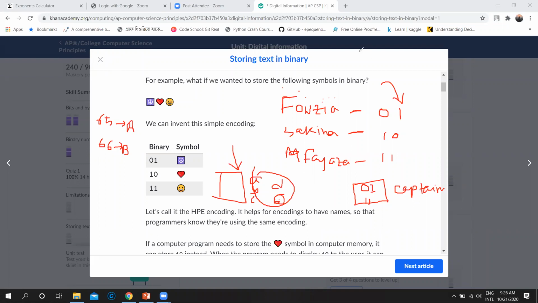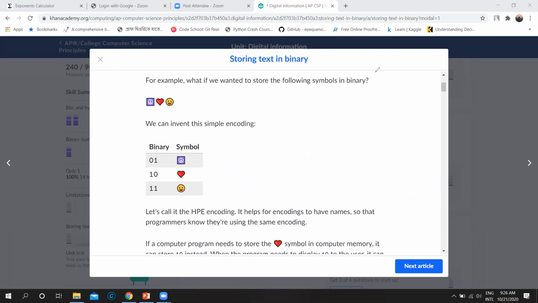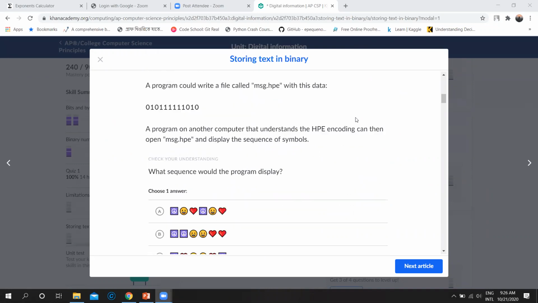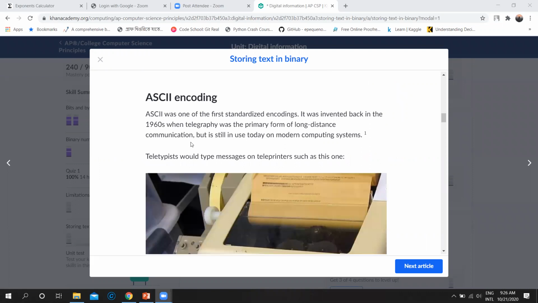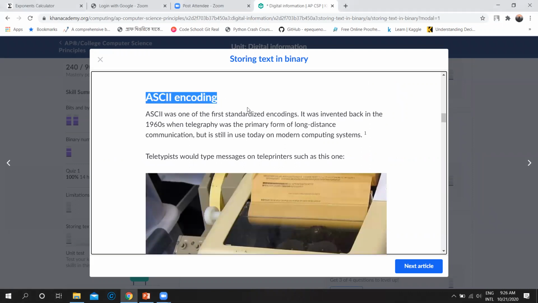Okay, if I clear this and go down, I hope you can just read this out by yourself. The computer has some standard for all of these characters. Whenever you press A on your computer, it converts to some number.